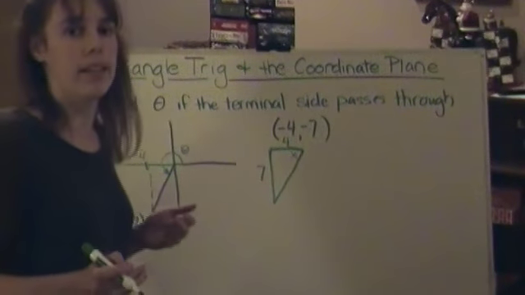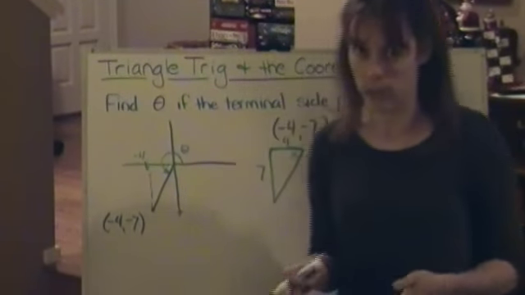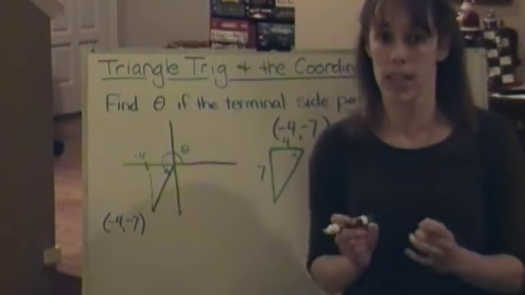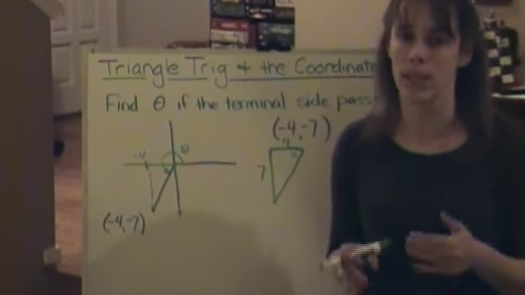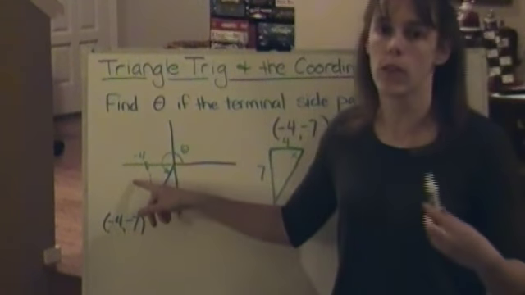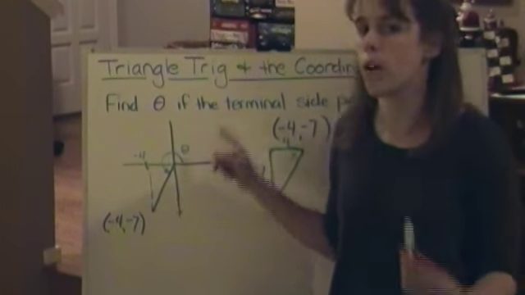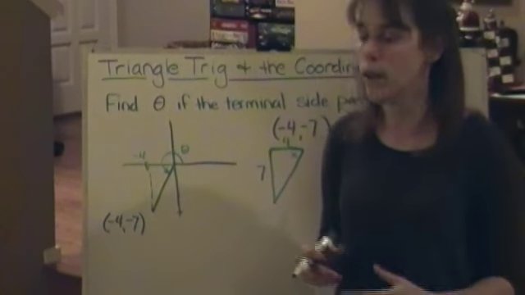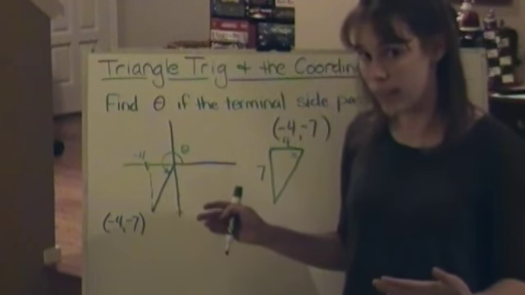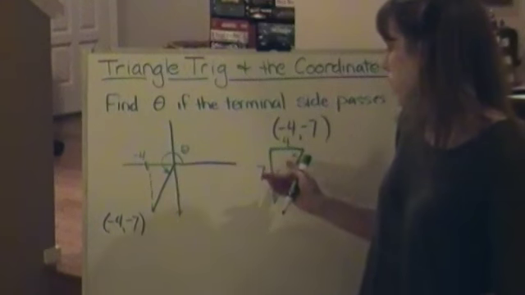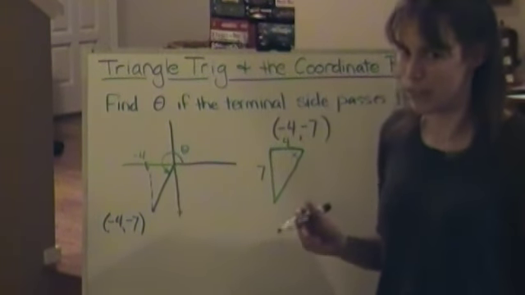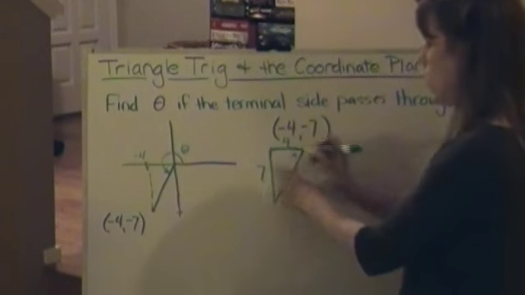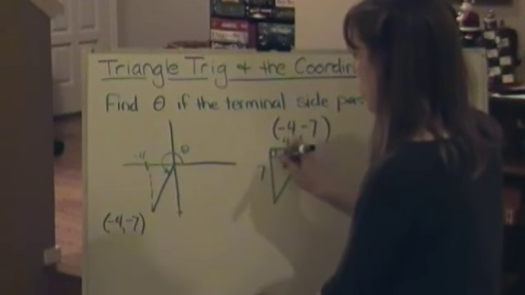Now, if you were finding the 6 trig functions for this, you would have to use the positives and the negatives. The answers in quadrant 3 are different from quadrant 2 from quadrant 1, because different ones are negative. But if we're just finding theta, if we're solving for this angle, we just want positive values. Okay, so that's a right angle.